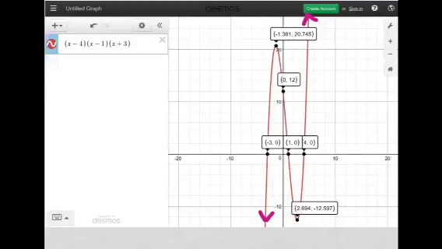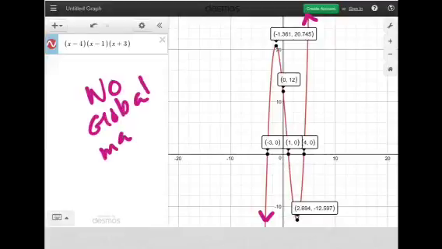So this problem, they also want you to say the type and number of extrema, both global and local. So this one, because it goes down, up, does not have any global. So this one has no global max or min, because the ends are going in opposite directions.